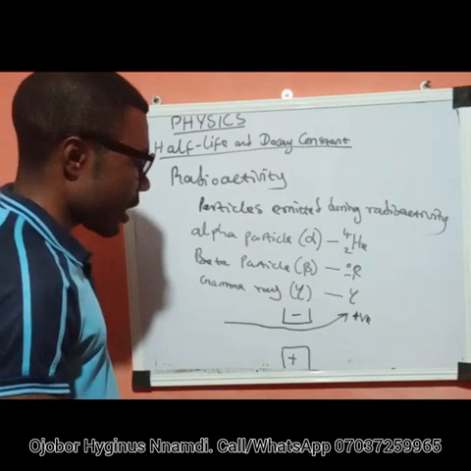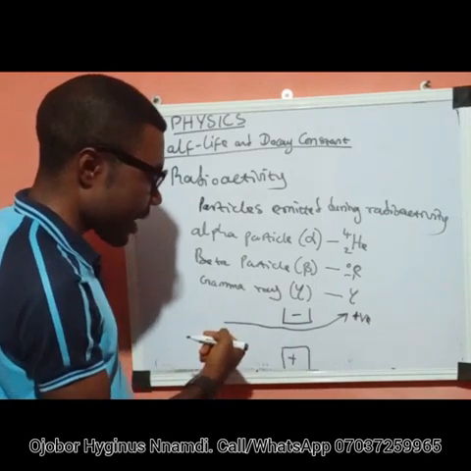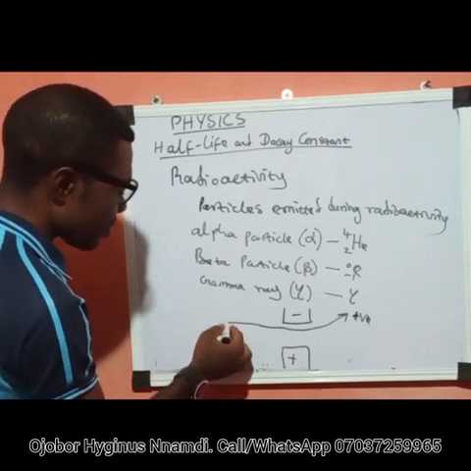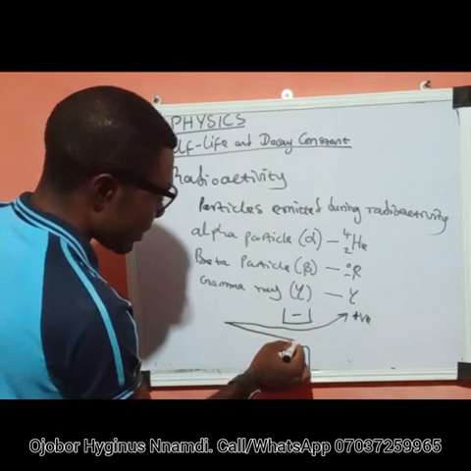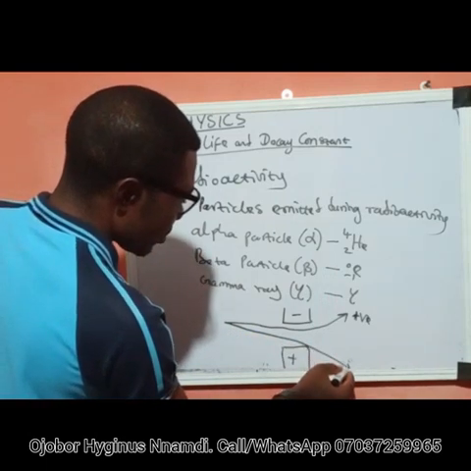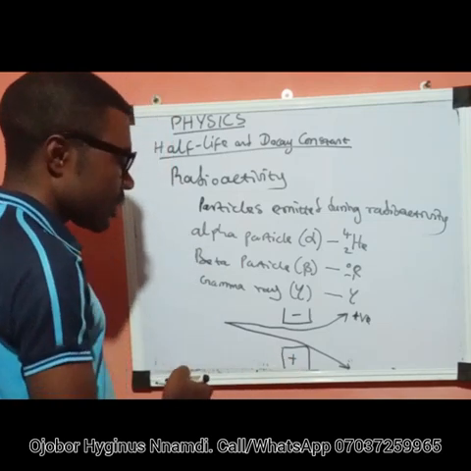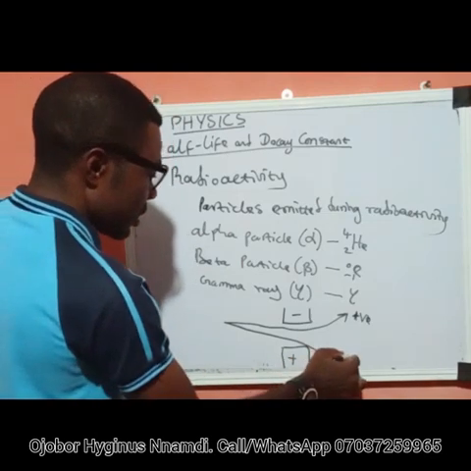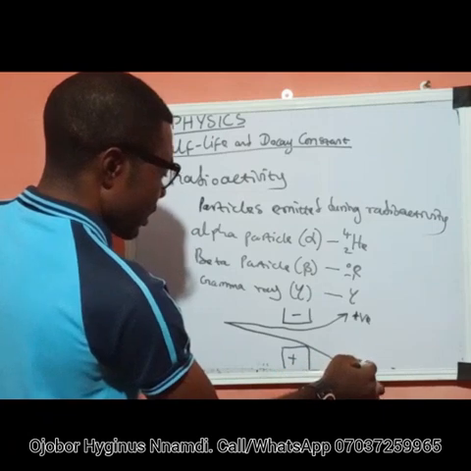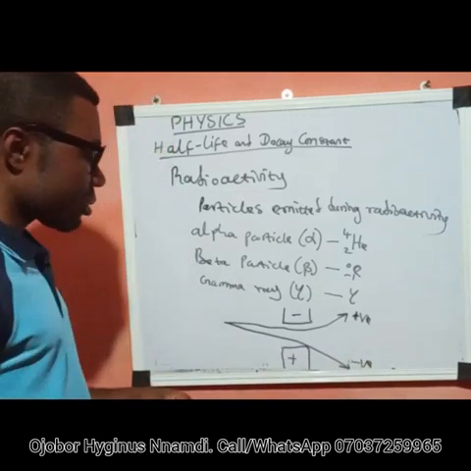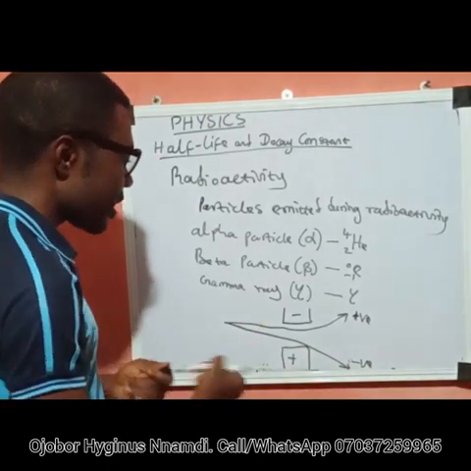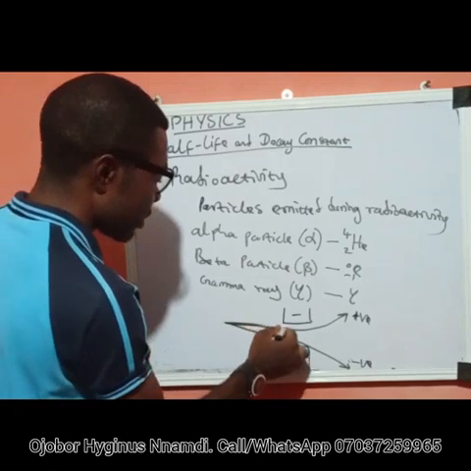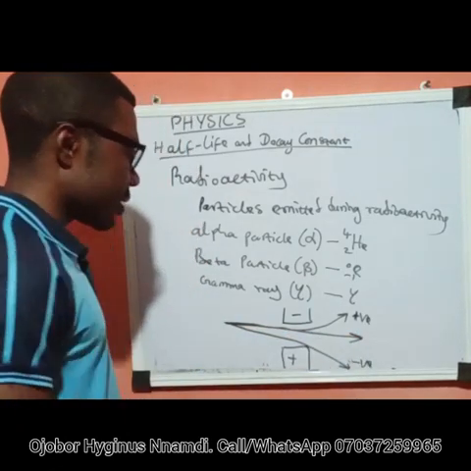Then a beta particle is negative, and because of that, it has a strong deflection to the positive charge, attracted to the opposite polarity. While the gamma ray, which has no charge, has no deflection, it moves straight.